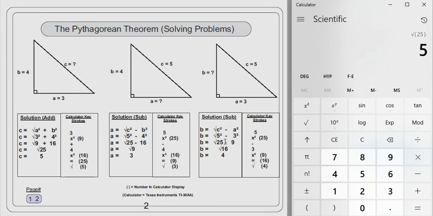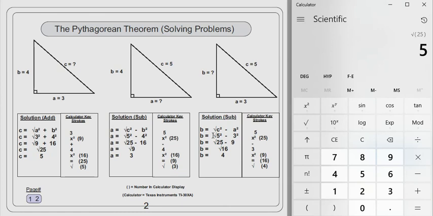And it's very similar over here, except it's a different unknown value. In this case, we're imagining that we don't know the value for B. We know the answer is 4, which it shows us down here. But if we walk through the formula, B equals the square root of C squared minus A squared.